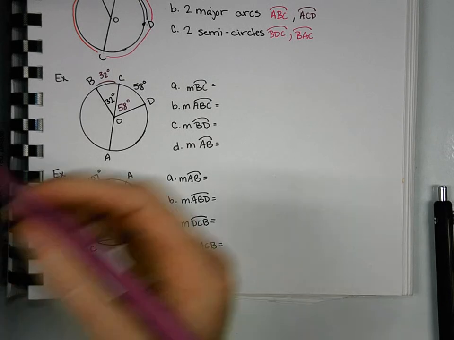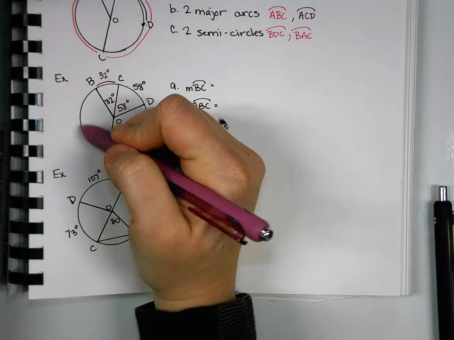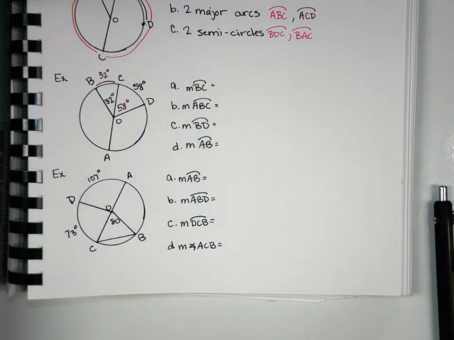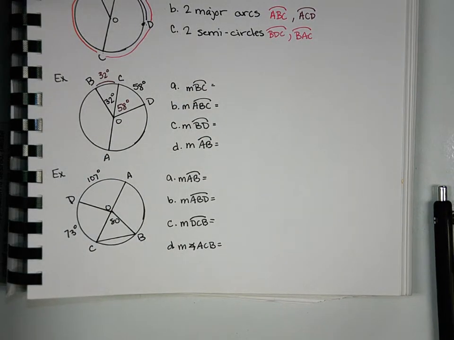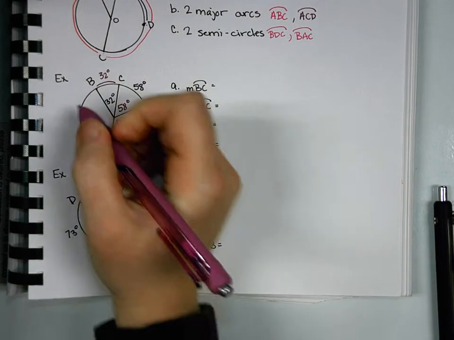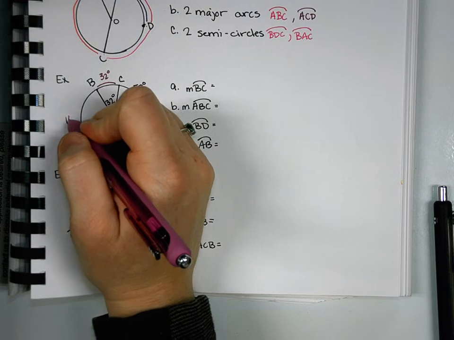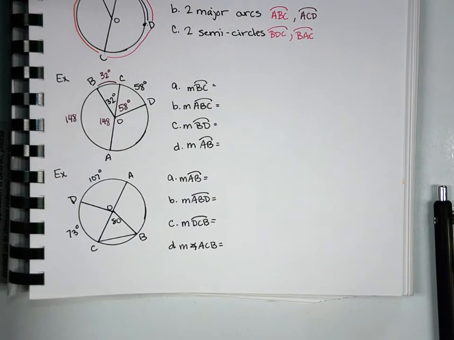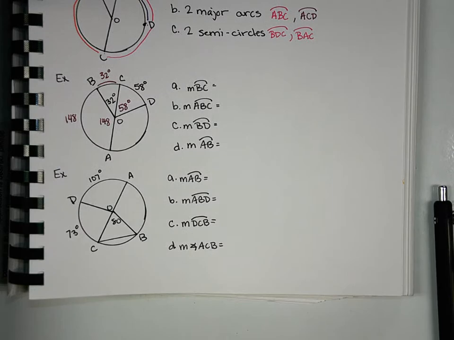I can figure out what AB or BA is. Anyone know how? It's a semicircle. So CA is a diameter, so 180 minus 32. This is 148. So this inside angle is also 148. And then what about the other side, AD?